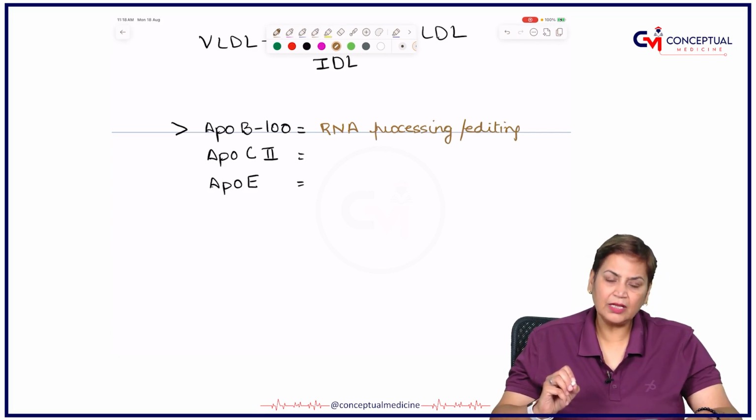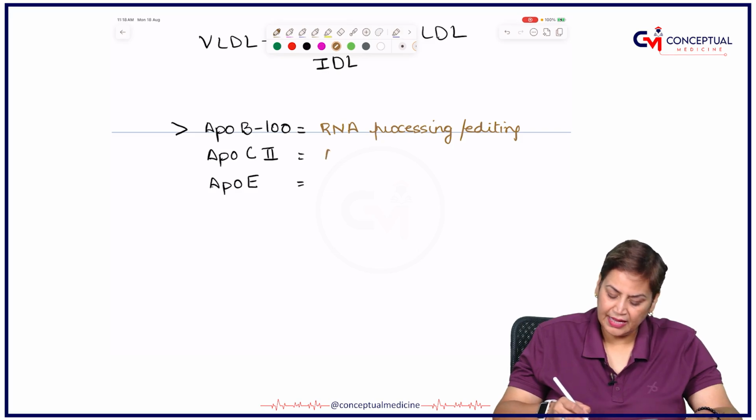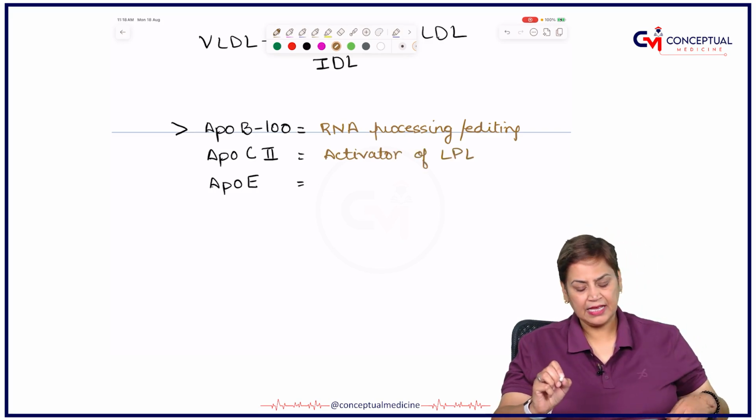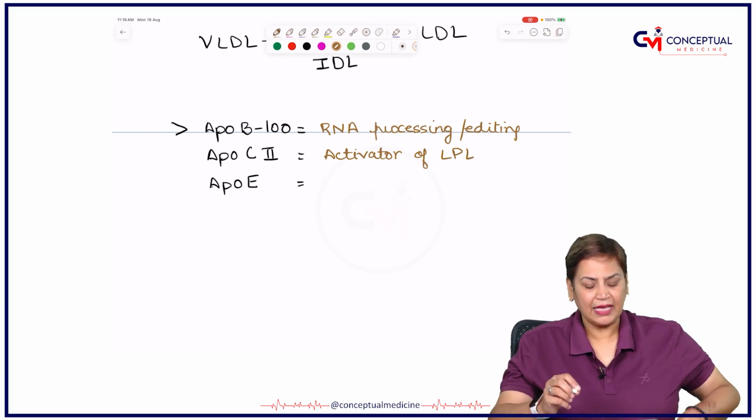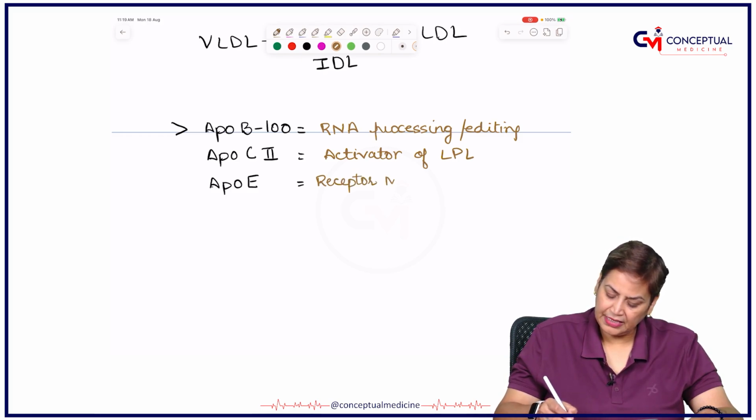The function of Apo C2 is that it is an activator of LPL, which is lipoprotein lipase. And Apo E is responsible for receptor mediated endocytosis.